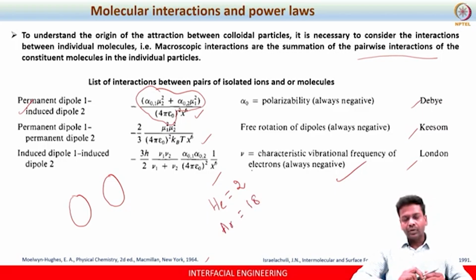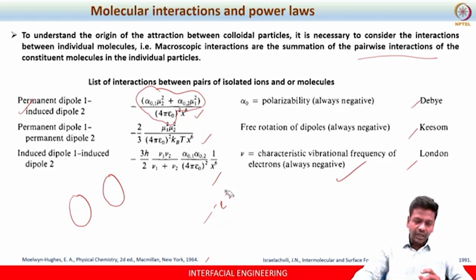So the probability of an argon atom breaking the symmetry of distribution is highly likely compared to helium, because helium has only 2 electrons. So you can expect the London dispersion force in the case of argon to be more likely than helium. You can see how the dipole among these molecules is induced.